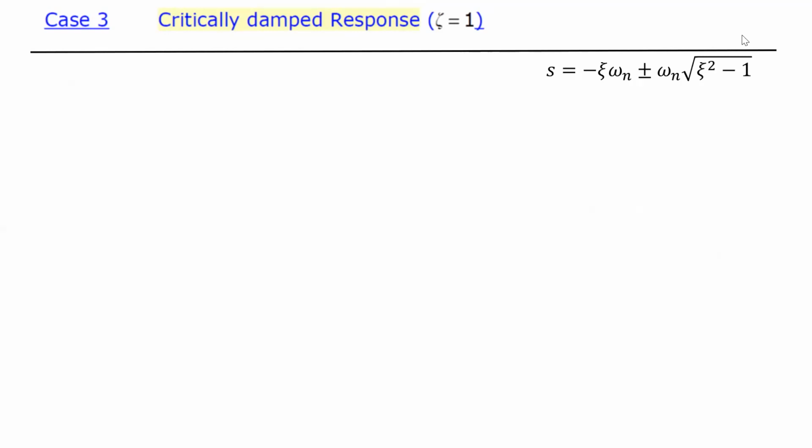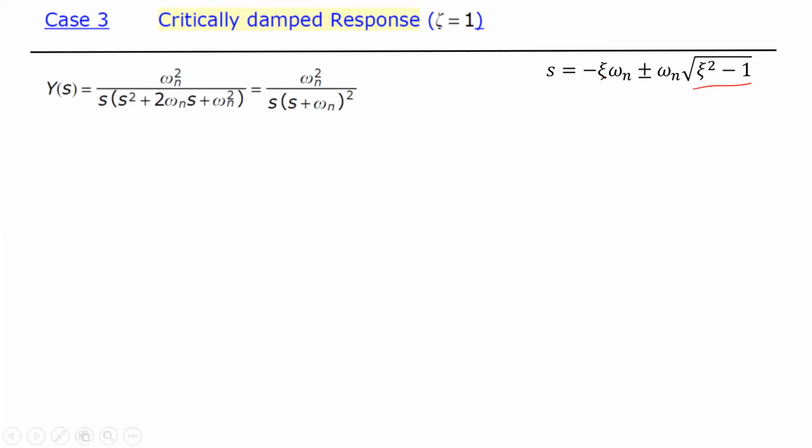If zeta equal to 1, what will be the roots? If this is 1, this portion will go, so I will have basically two minus omega n, identical poles. I will have two identical poles located in the same place.